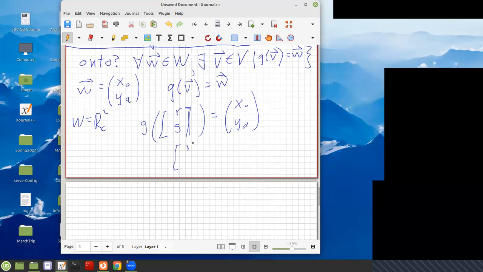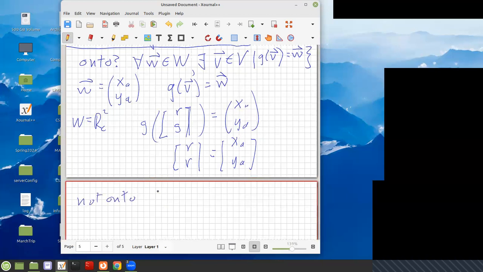It's just R, R. So we have to solve this system, X equals R, Y equals R. The image of some domain vector is equal to an arbitrary codomain vector. Well, obviously there's a problem because these are the same and these could be different. So no, it's not onto.